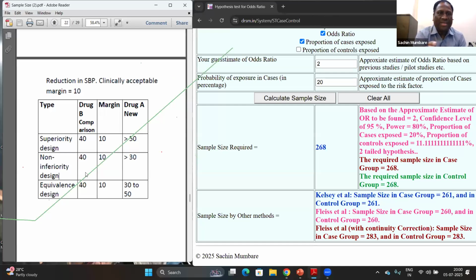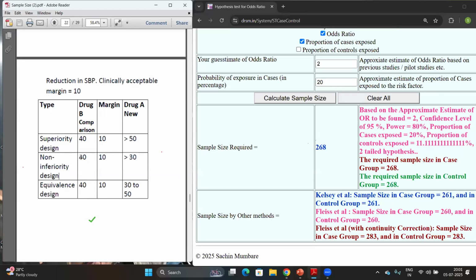But it is having some complications, some side effects. Our cost is very high. There is drug A, new test drug, which is not as effective as the known drug, but it is having less cost or less side effects. And as good as drug B, or at least not inferior to drug B by that margin. Understood what I'm saying?